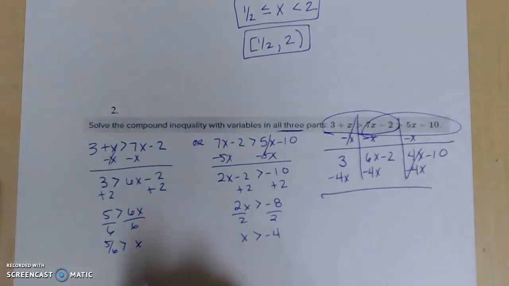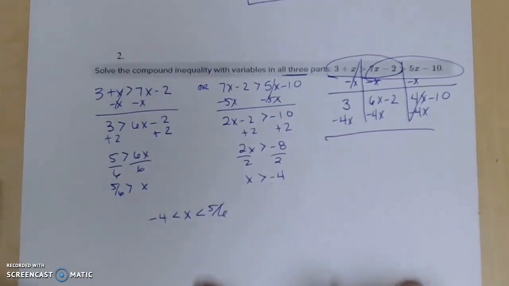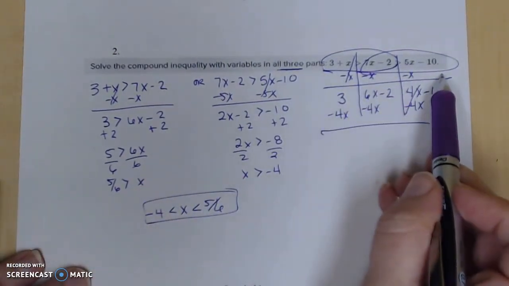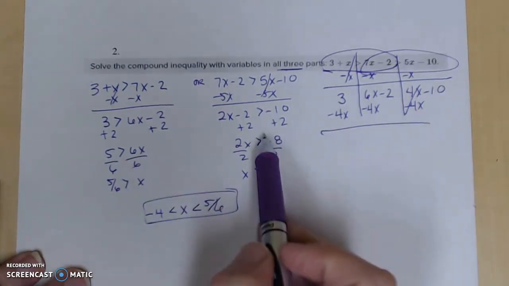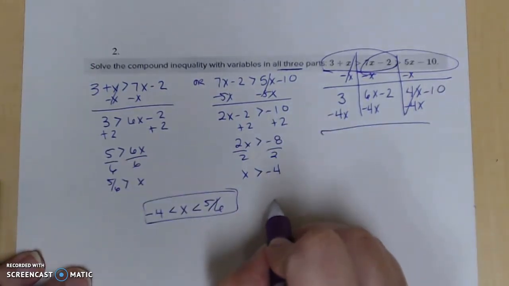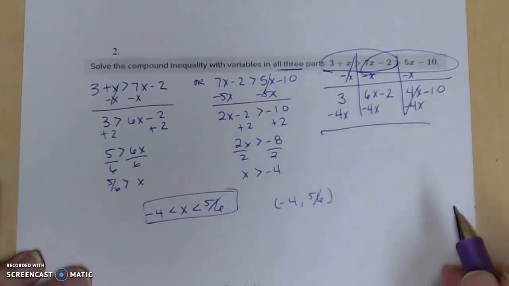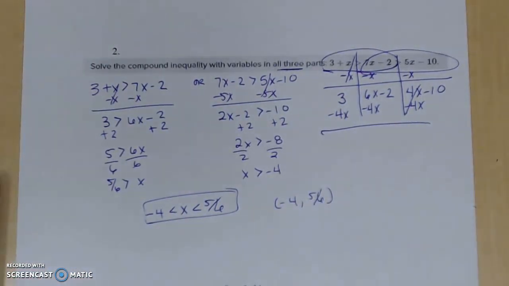So what this shows me is that x has to be greater than negative 4 and less than 5/6. So putting this all together, this would be the inequality that would reflect this answer. You'll have to split it into 2, or as an interval notation, it would be negative 4, 5/6. So let me know if you have any questions on this lesson along the way.